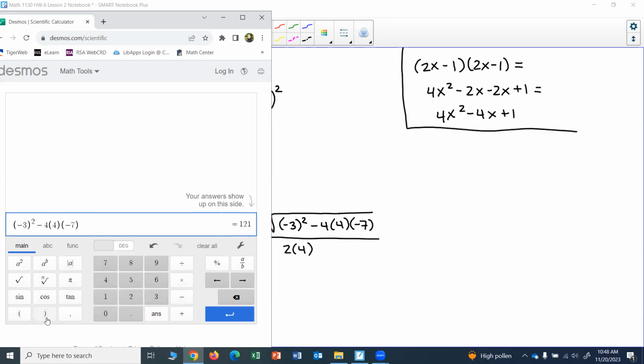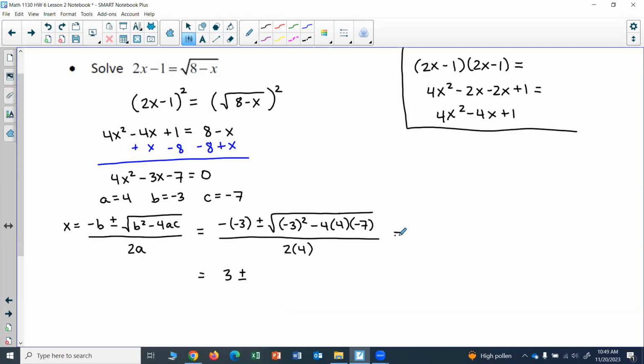So I actually get 121, which is a perfect square. If I take the square root of 121, I'll get 11, and you can check that in your calculator if you're not as familiar with your perfect squares. So I have my 3 plus or minus 11 all over 8.